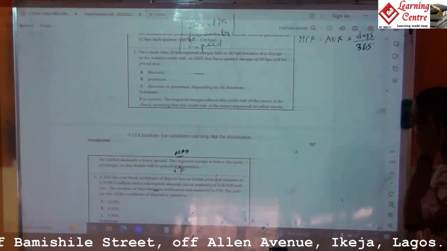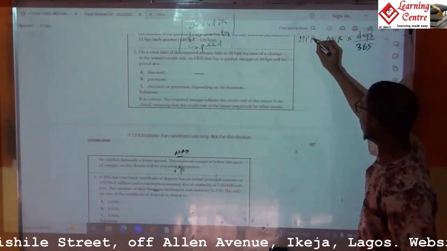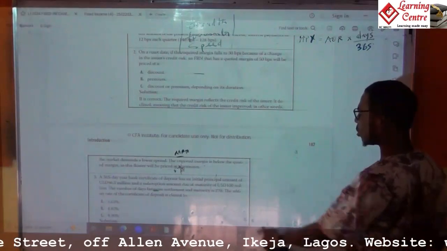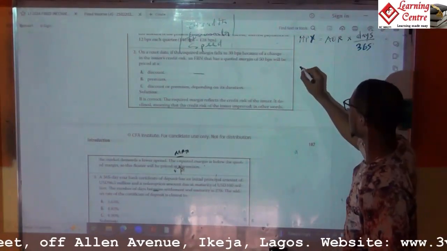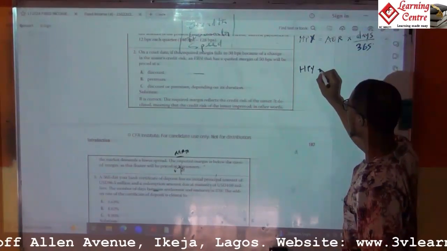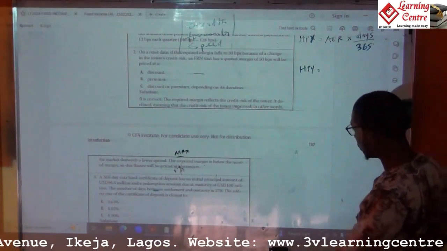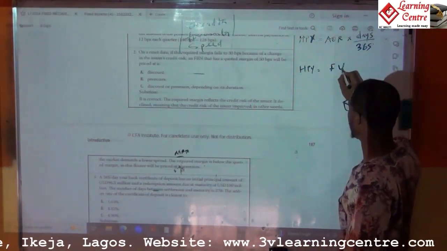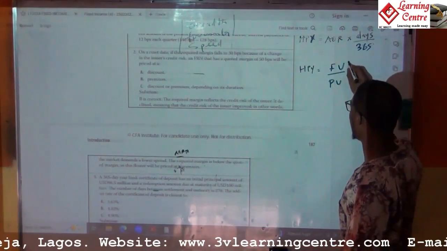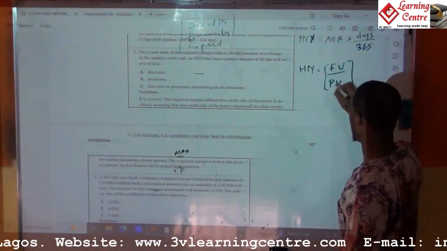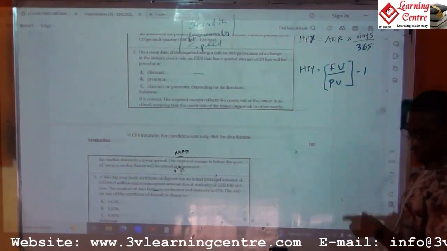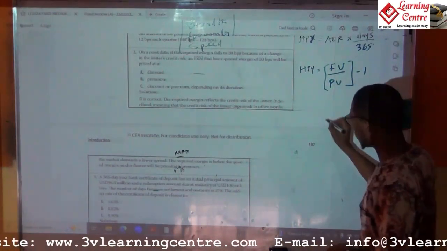First I want us to calculate the holding period return for this one. Holding period return is the future value over present value minus 1. That's 3.6%.